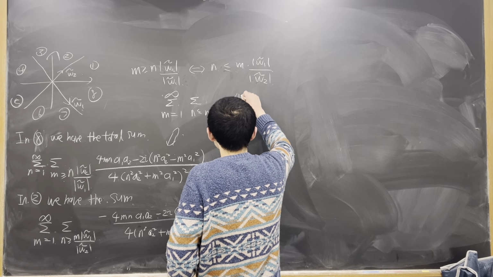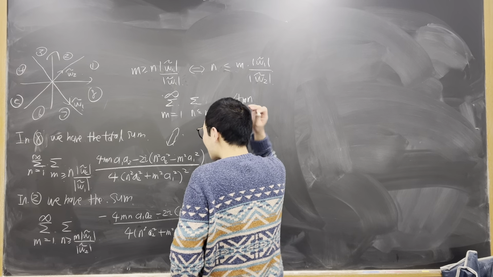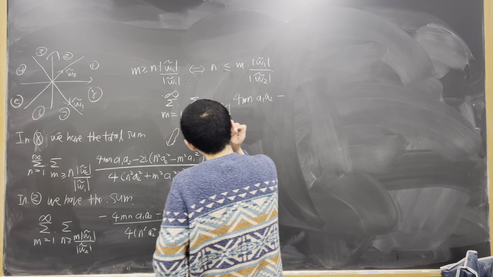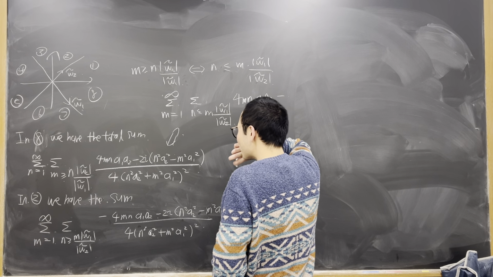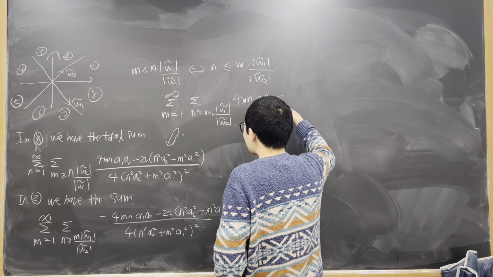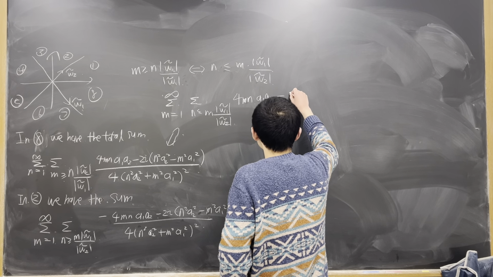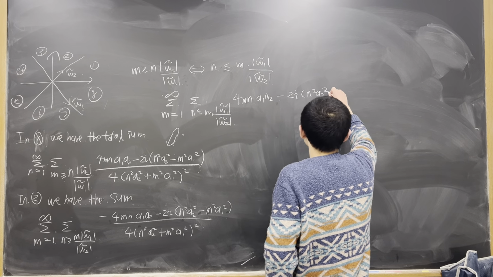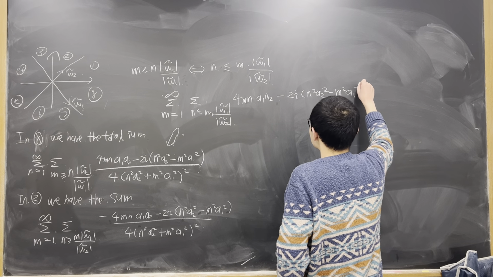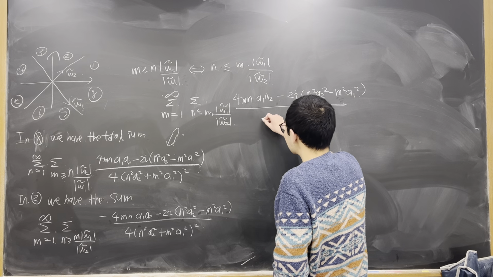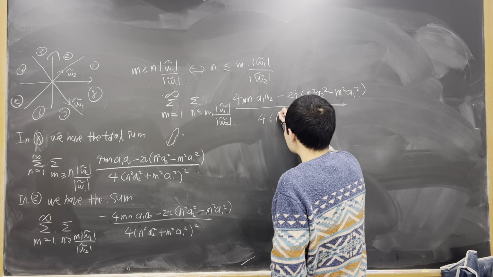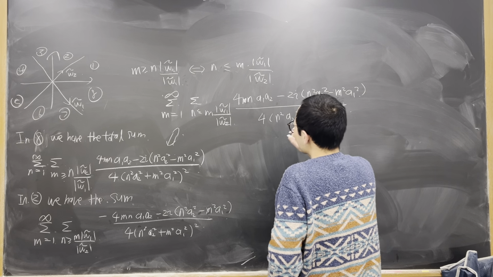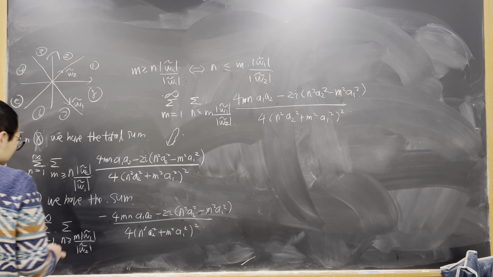So for n a1 a2 minus 2i times n squared a2 squared minus m squared a1 squared.